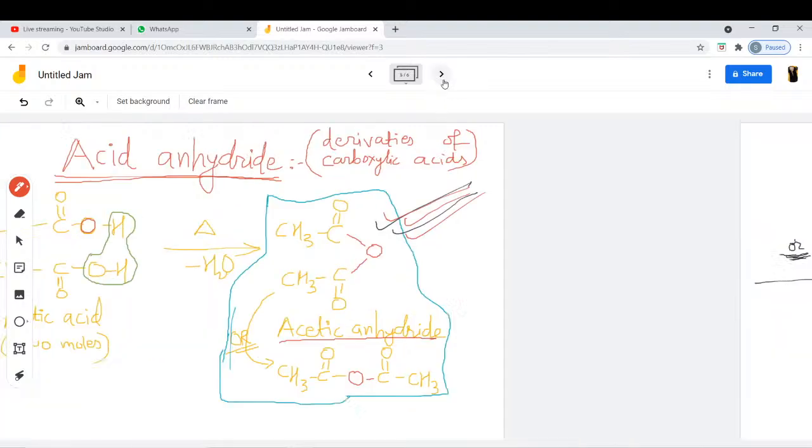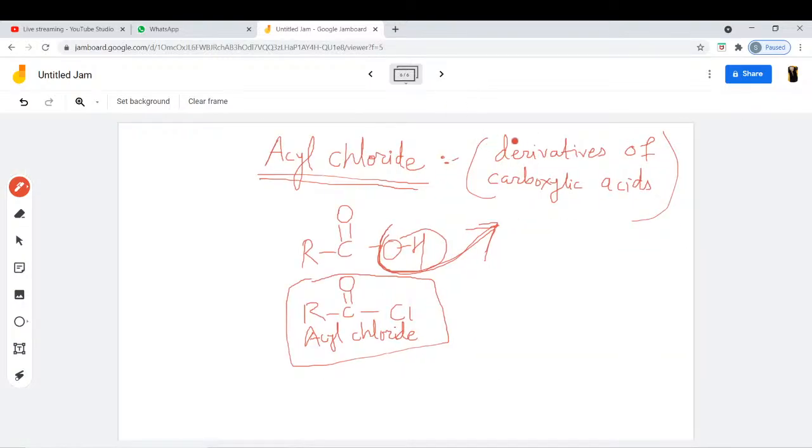So listen here, the OH, the negative part, is replaced by chlorine. That's why we call it an acyl chloride.